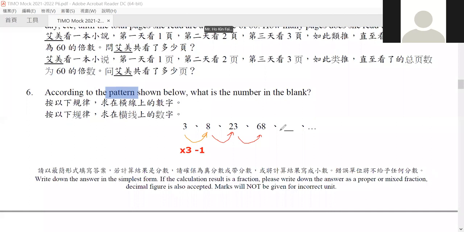So finally the rule gives 68 multiplied by 3 minus 1. 68 times 3 is 204, minus 1, and hence our answer is 203.